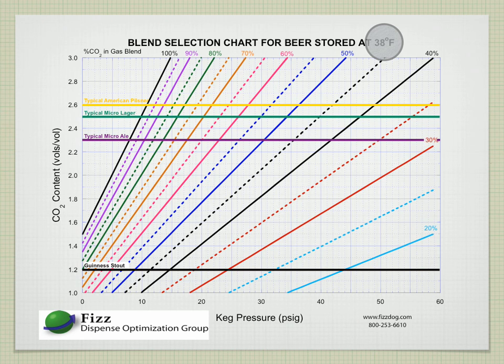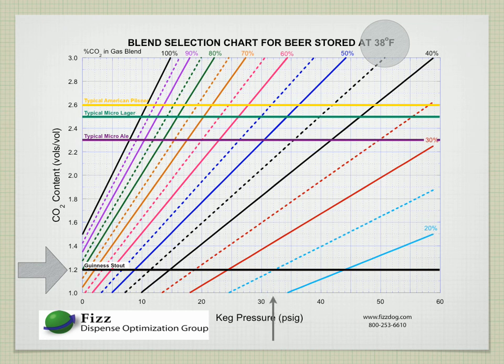So now we're going to give you a couple of examples. The first example we're going to do is Guinness Stout, or any nitrogenated beer with 1.2 volumes at 38 degrees Fahrenheit. And applied pressure is 32 psig.